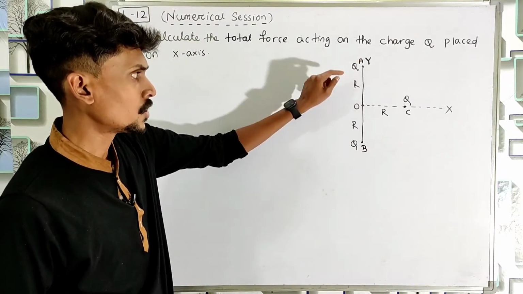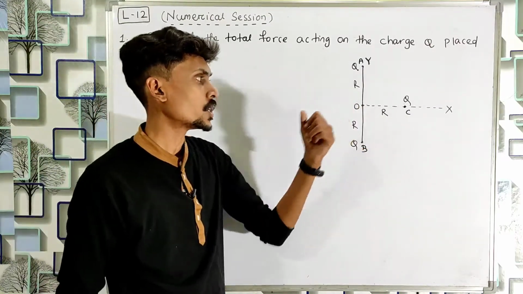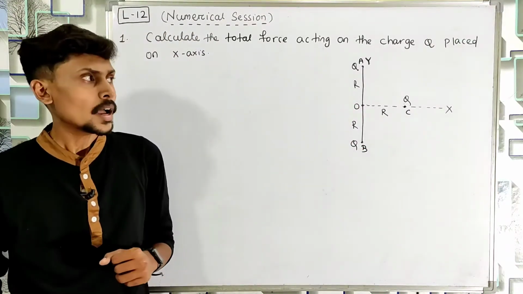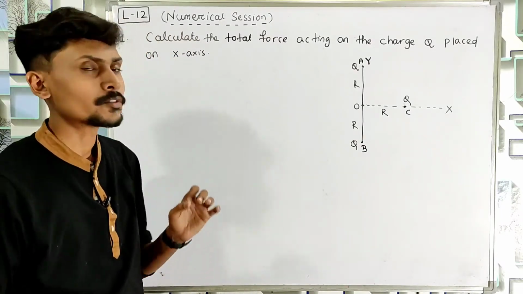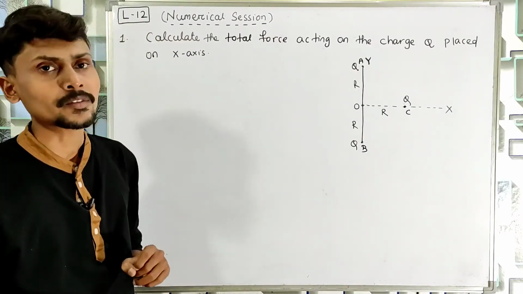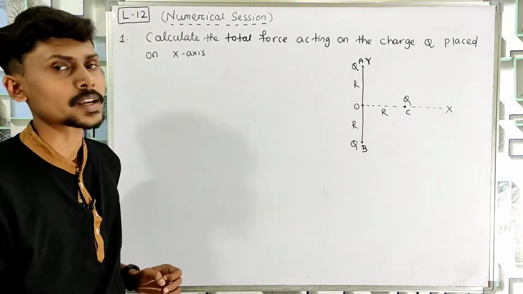OA is equal to R, OB is equal to R and OC is equal to R. In the question we have to find the net electrostatic force on the charge placed on the x-axis.